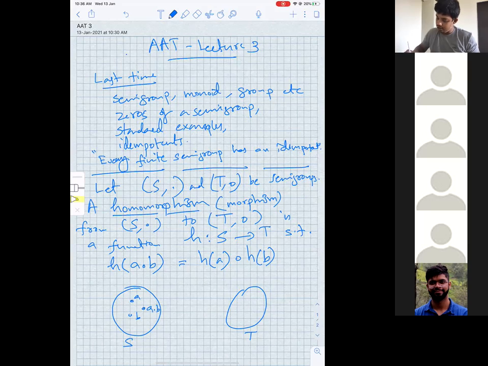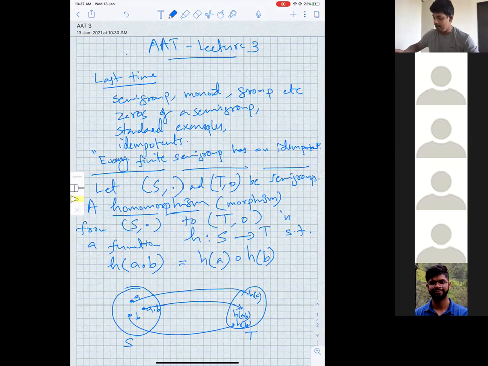Now if I find its image in T, this is h of AB, this is h of A, this is h of B. So if I take their product in this semigroup S and take their image, it is the same as taking their image and taking their product in T. That's what this means. In other words, the operations of S and T are somehow similar. The function respects the semigroup operations in the individual semigroups.